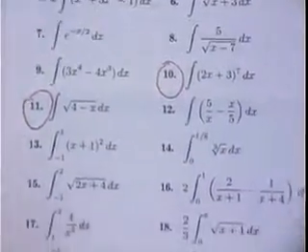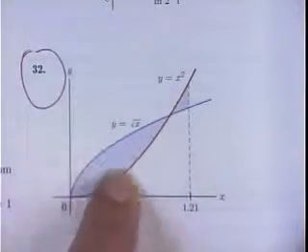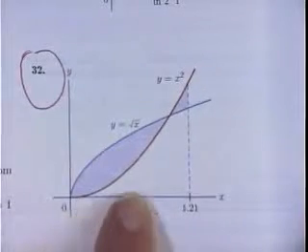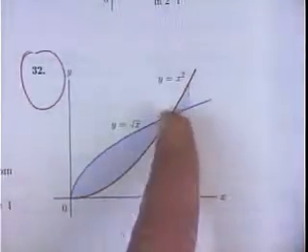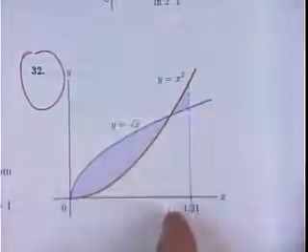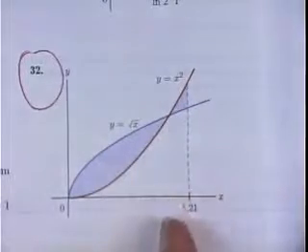Before I get there, let's look at number 32. This was probably easy for you. How do you set up the definite integral to find this area? Whoops, they didn't tell you that point of intersection there, did they? I'll go ahead and tell you it's 1. I can look at it and tell it intersects there at x equal 1.